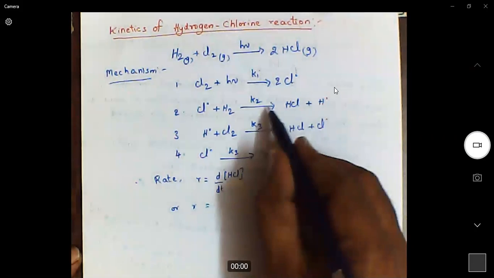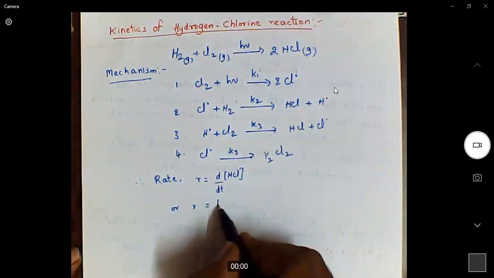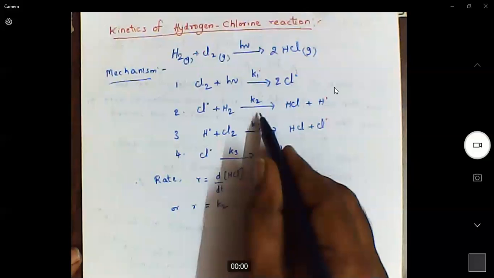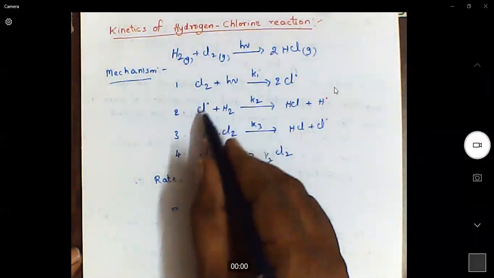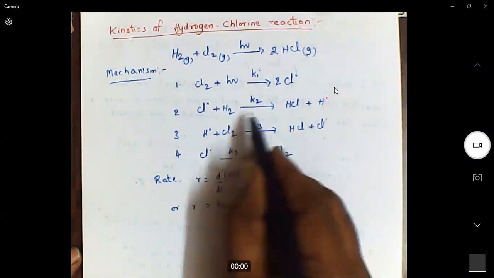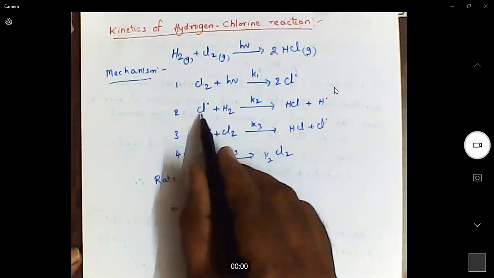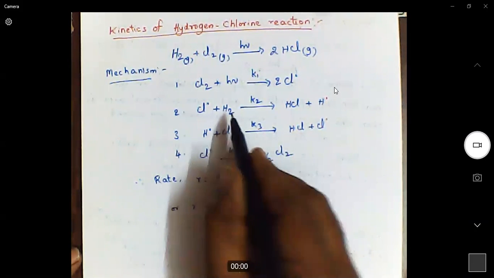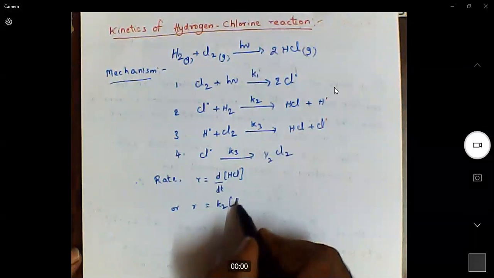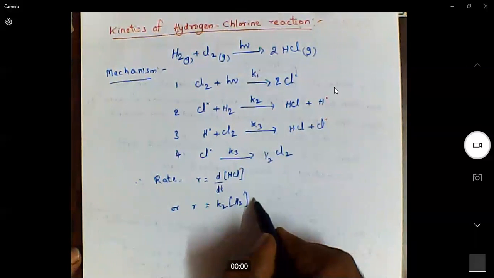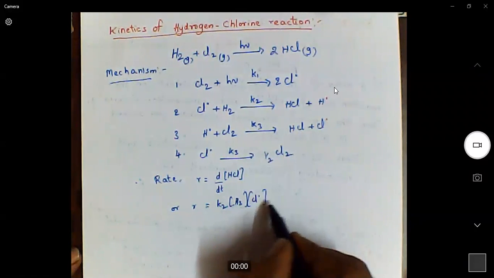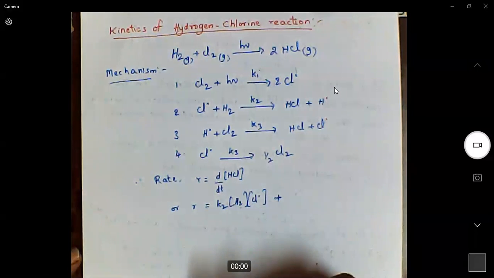In the second step, it is the product. Rate constant is K2. First we will write K2. Then we will write the product of concentrations of all the reactants. In the second step, reactants are H2 and Cl radical. So K2 [H2][Cl radical]. Plus, why are we using plus?